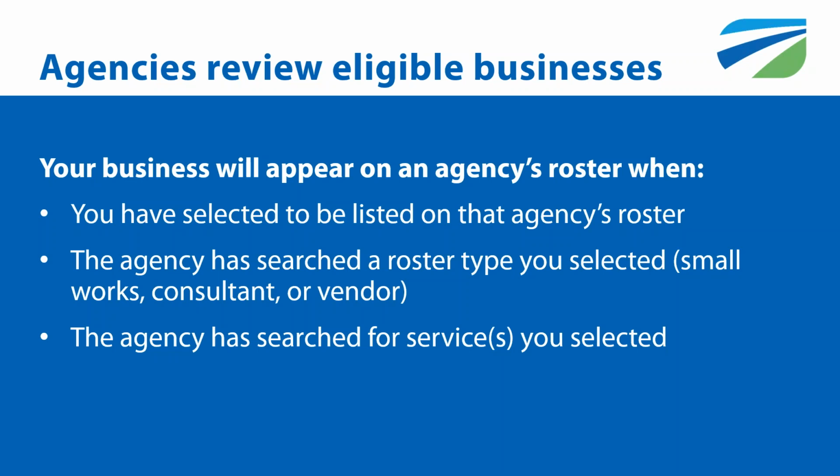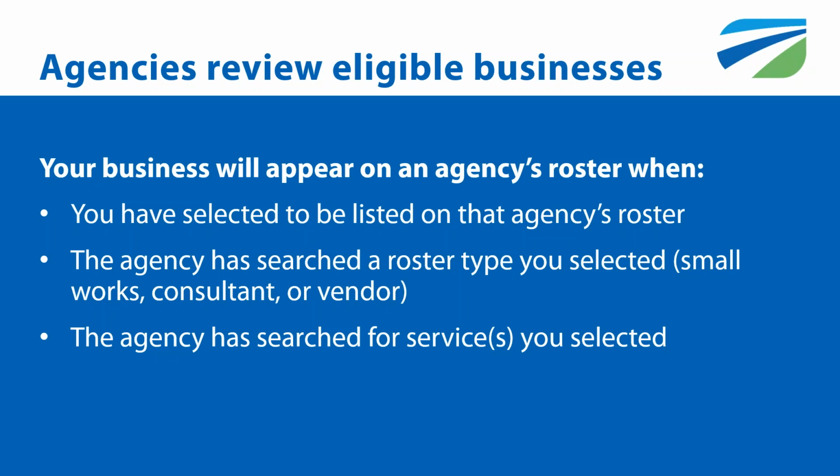If you think that you should have been considered for a project or shown up on a list and you weren't contacted by the agency, then you'll want to contact the agency directly and just ask them why. And if they need us to check and see if there's something going on in the account that prevented that, then they'll reach out to us and we'll figure it out as well. But generally it comes down to how the agency searched and what their actual needs were.